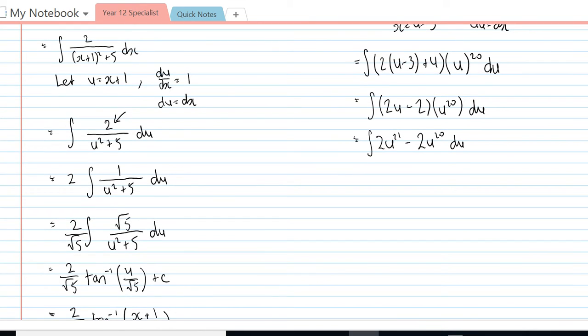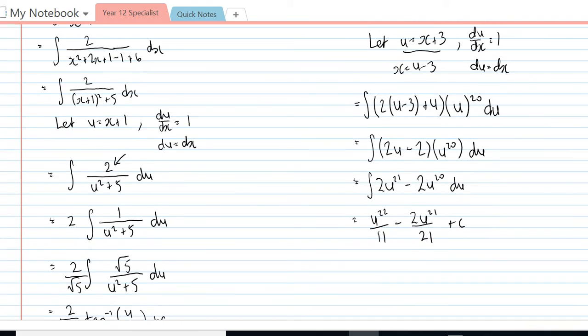Oh, this hasn't worked out too badly. So anti-differentiating this, we'll get 2u to the power of 22 over 22, which just becomes u to the power of 22 over 11 when we simplify it, and then minus 2u to the 21 over 21 plus c.